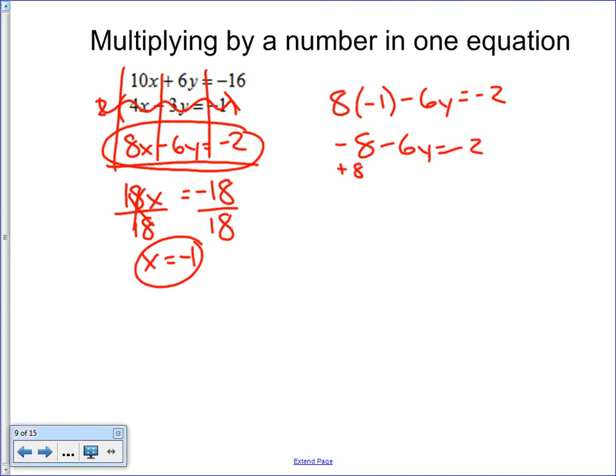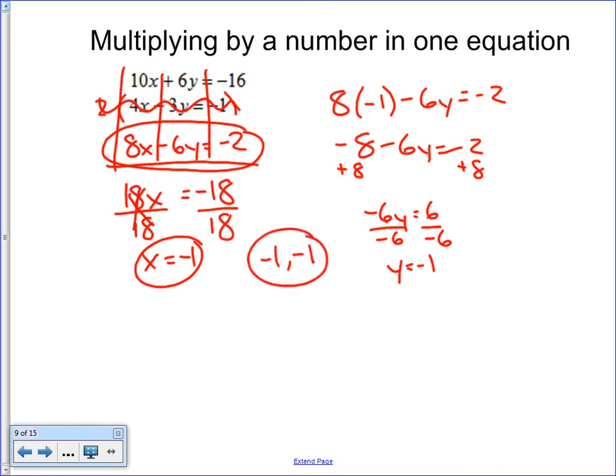So adding 8 to both sides, I got negative 6y, it's going to equal 6, and dividing by negative 6 on both sides, I'm going to get a y value of negative 1. So the point negative 1, negative 1 will be my answer for that.